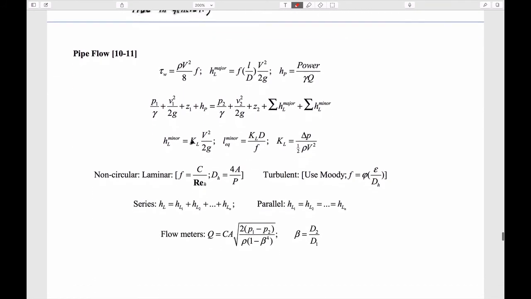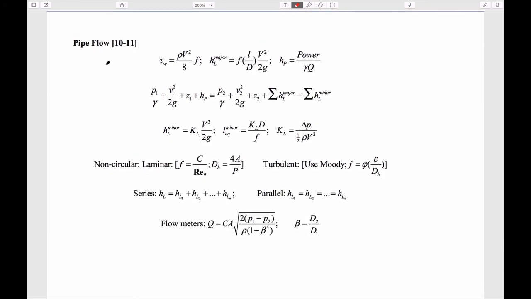Pipe flow is an extension, if you like, of the Bernoulli equation or the energy equation that we had before, which is really the Bernoulli equation. It has an upstream component and a downstream component. We always have to write it between the upstream and downstream. That's important.